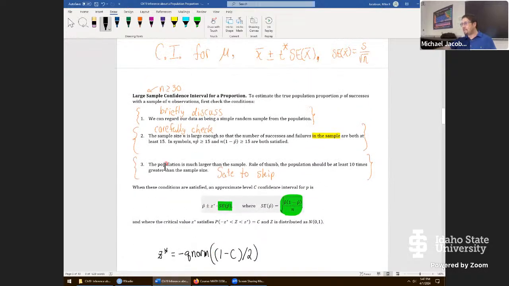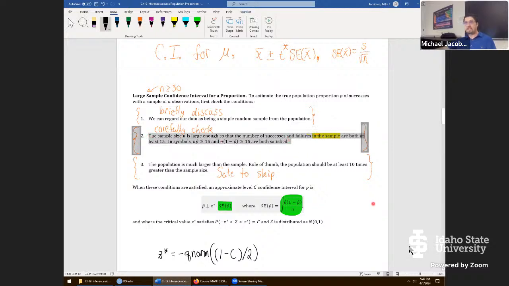Let's take another look at it. This one is always safe to skip since I don't think these problems come up at all in our class, and they do come up in real life. This is something to think about, but for us and our problems that we're working on, good one to think about, but not something you have to directly comment on or do any extra research to determine if it's plausible that condition passed. So we're mostly checking this one.